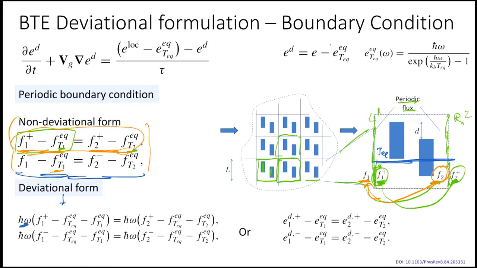Second, to go to the deviational formulation, we subtracted this F equilibrium at T equilibrium part from both sides. We did it for both the equations.